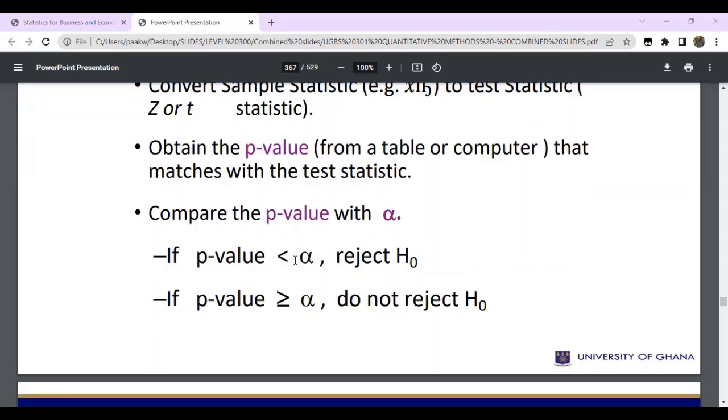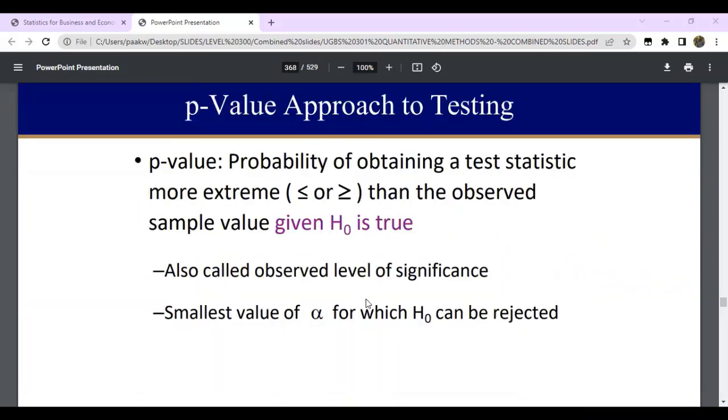Now, if p-value is less than alpha, reject H0. If p-value is greater than or equal to alpha, do not reject. So p-value is the probability of obtaining a test statistic more extreme, less than or equal to or greater than or equal to, than the observed sample value, given H0 is true.